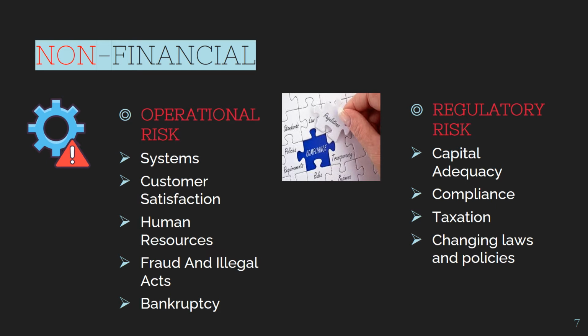Operational risk summarizes the uncertainties and hazards a company might face when it attempts to do its day-to-day operations within a given field or industry. It could be about the systems in information technology, customer satisfaction, human resources, fraud and illegal acts, and bankruptcy.